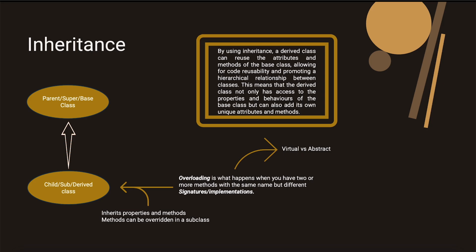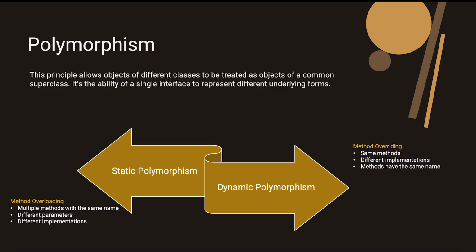Now, let's have a look at our third key concept, that is polymorphism. Polymorphism allows objects of different classes to be treated as objects of a common superclass.